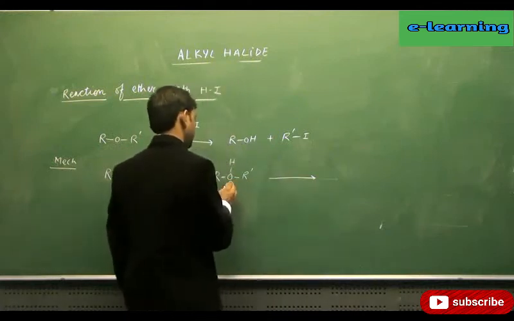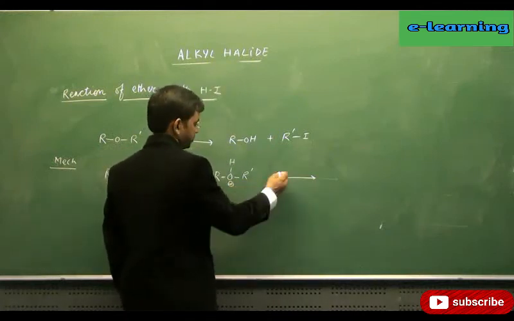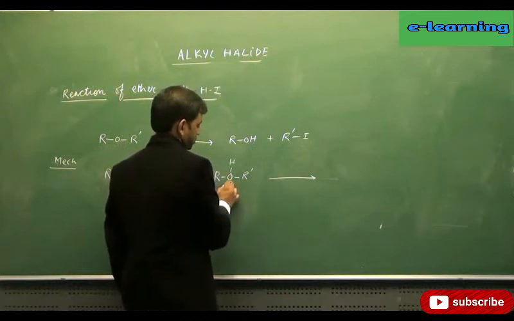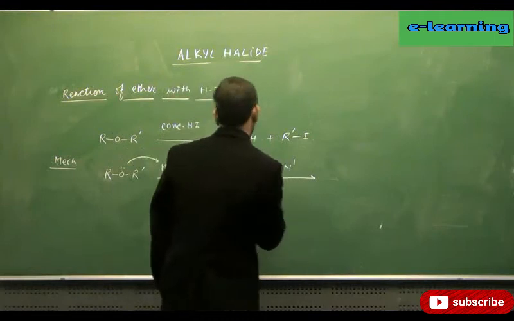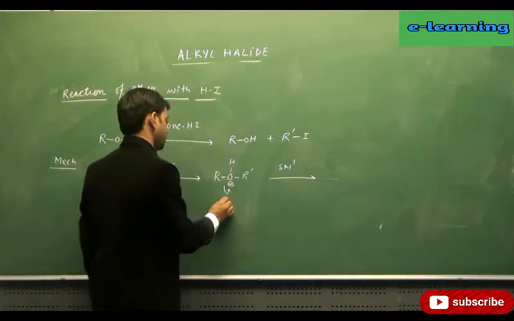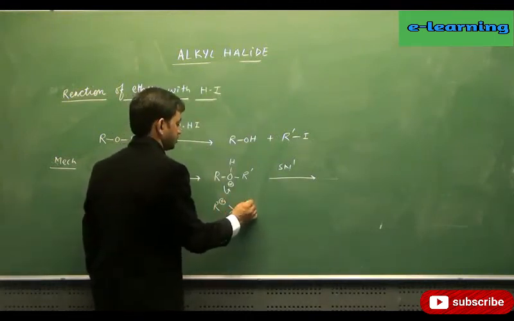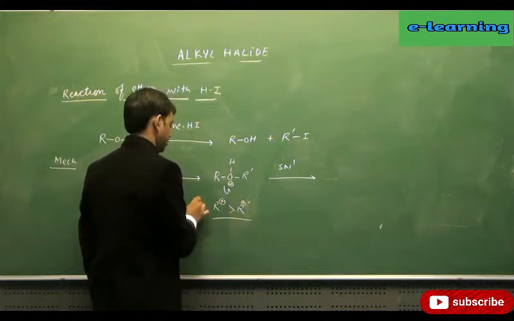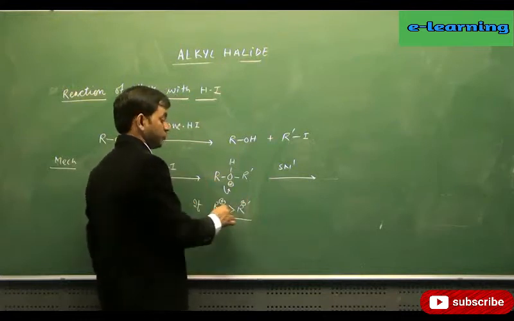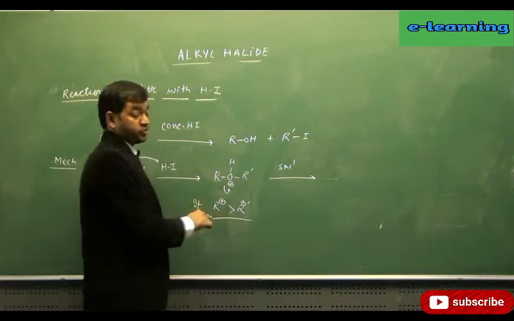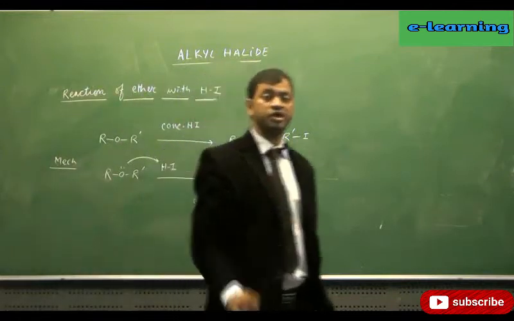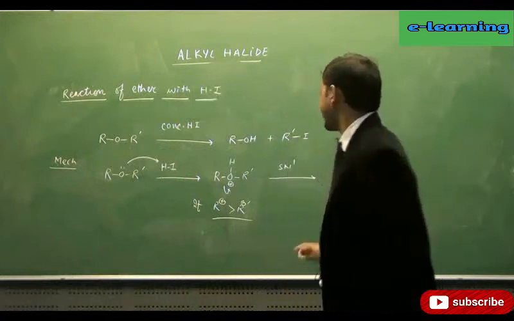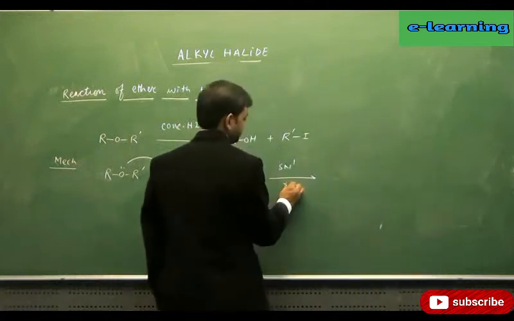Suppose any one of these alkyl is 2 degree or 3 degree. In that case, it follows the SN1. And if R is a more stable carbocation than R dash, then this bond breaks. If R dash is a more stable carbocation than R, then this bond breaks, because formation of the stable carbocation takes place in the RDS.